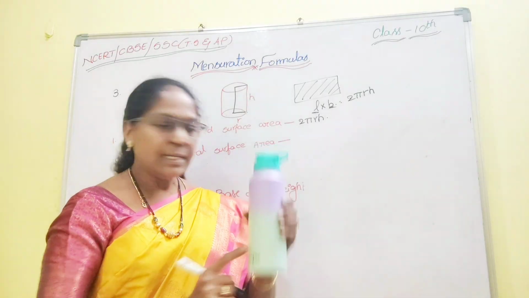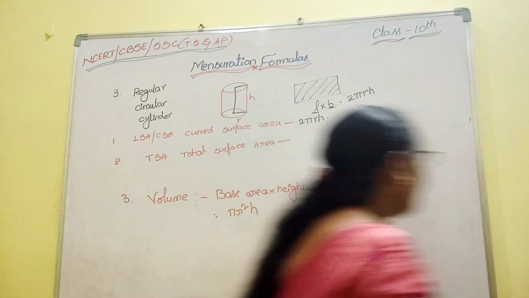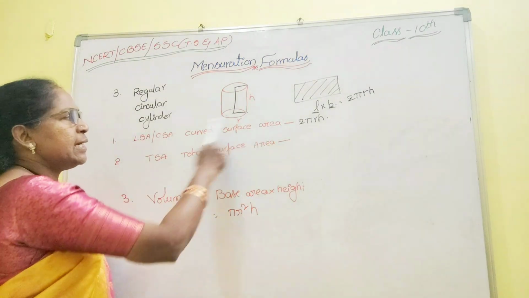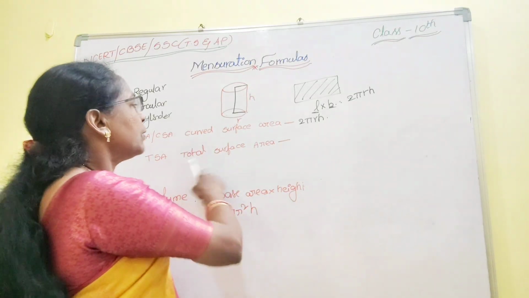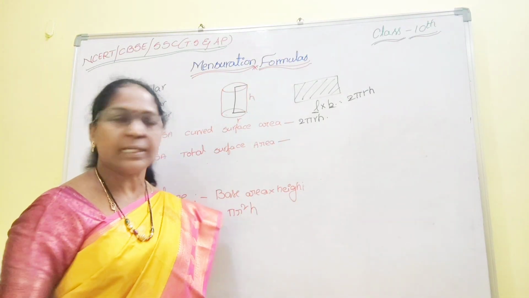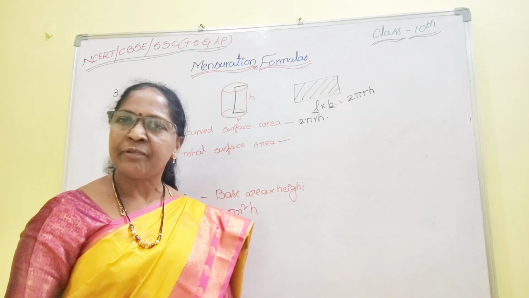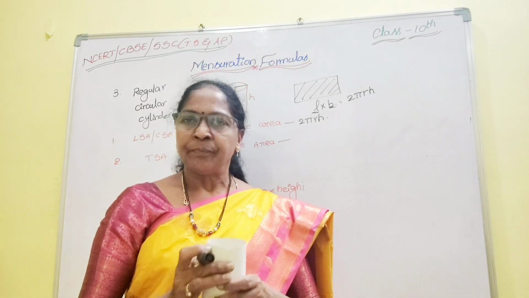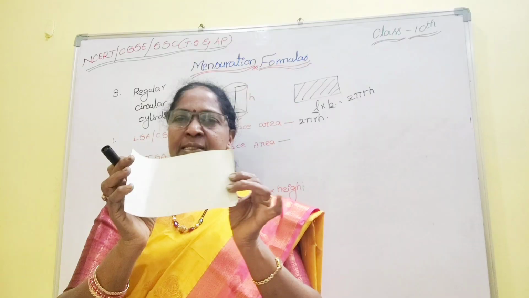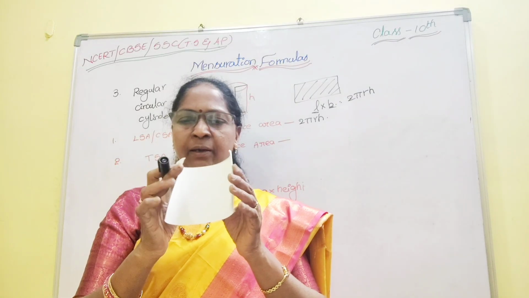So this is the cylinder. For a cylinder, we have to find out the CSA, that is curved surface area, total surface area and volume of the cylinder. Where curved surface area, how can you find out? Suppose this is a paper, rectangular shaped paper.